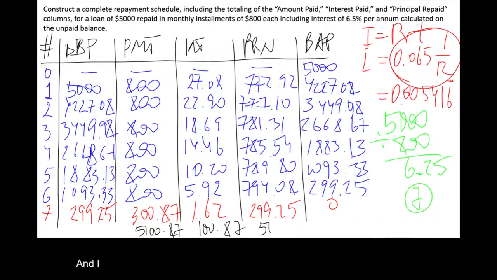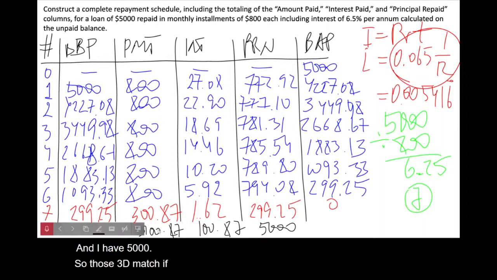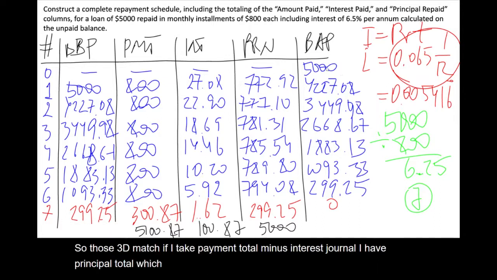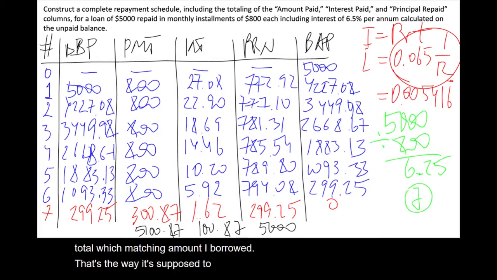And I have 5,000. So those three match. If I take the payment total minus the interest total, I have the principal total, which matches the amount I borrowed. That's the way it's supposed to be. Any questions?